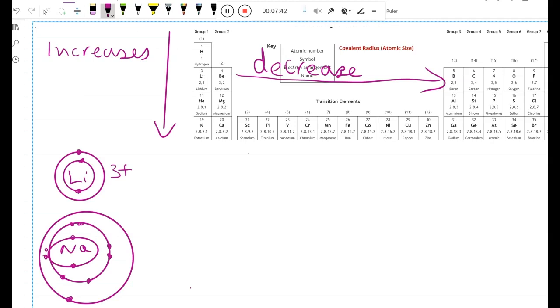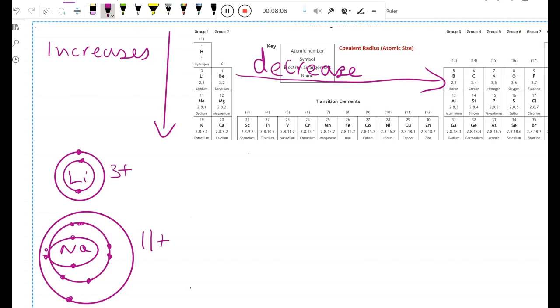With sodium, it's an atomic number of 11, so 11 protons, I've got a nuclear charge of 11. So as I go down the group, the nuclear charge increases because the number of protons also increases.